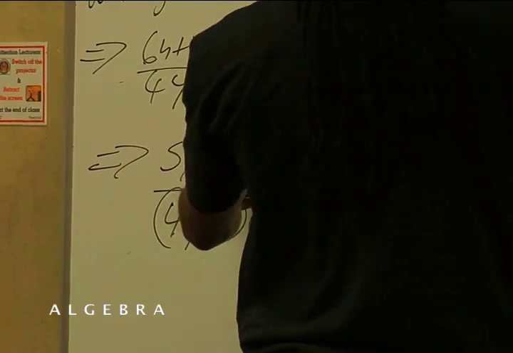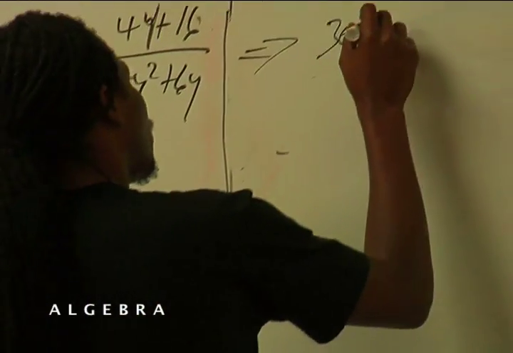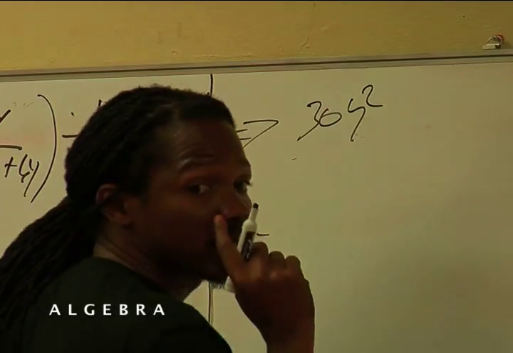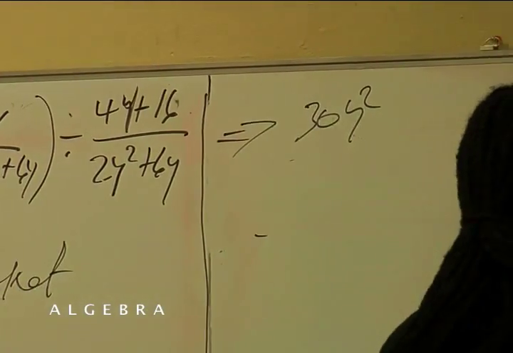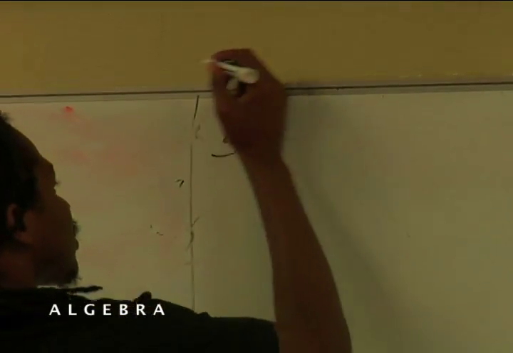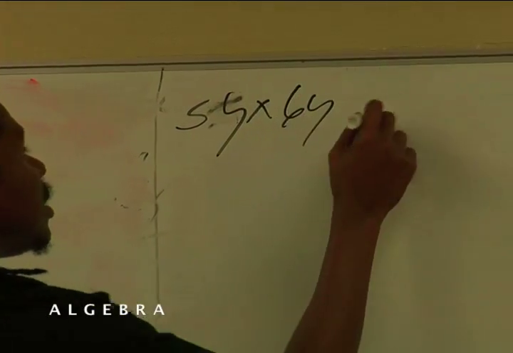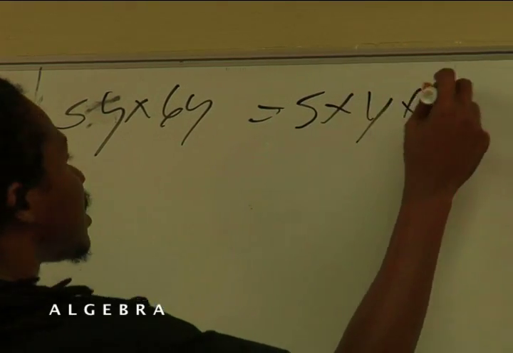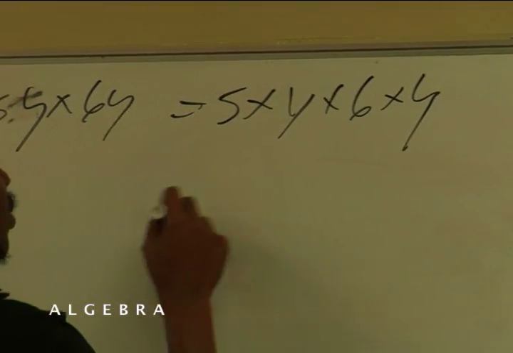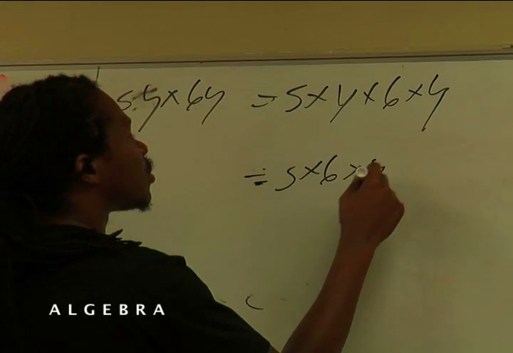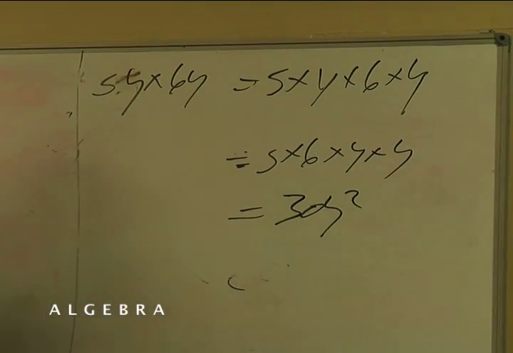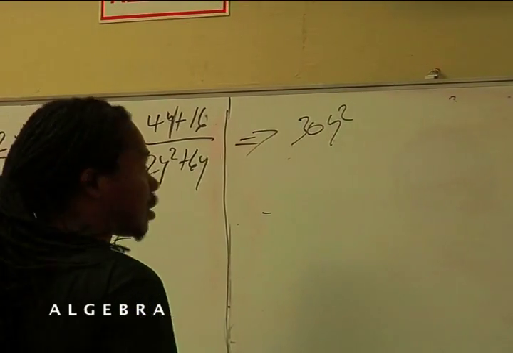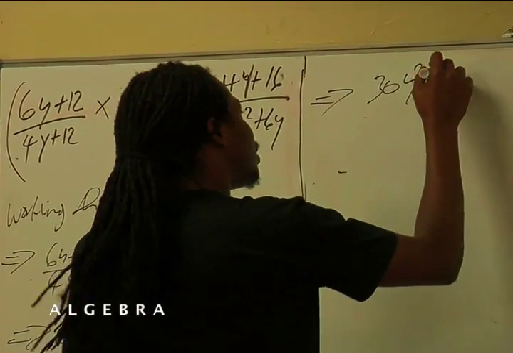So this is 5 times 6, 30, y square. Simple. Let's do the rough work. 5y times 6y equals 5 times y times 6 times y equals 5 times 6 times y square equals 30y square.